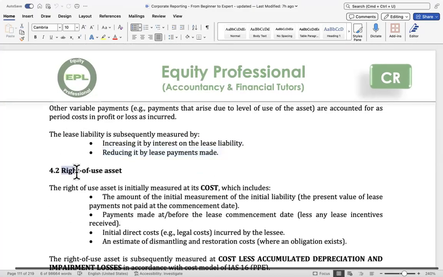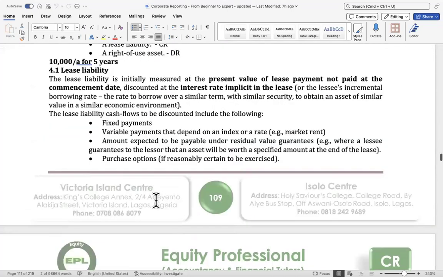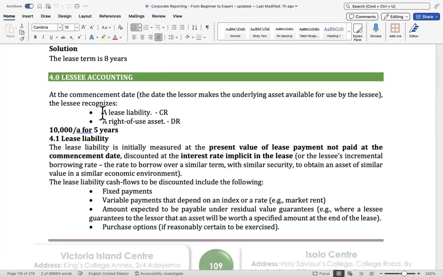For right of use assets, which is the asset, of course, it is initially measured the same way as the initial liability, which is the present value of the lease payments not paid. I told you that what the lessee does at the commencement is to credit the lease liability and debit the right of use asset with the same amount.